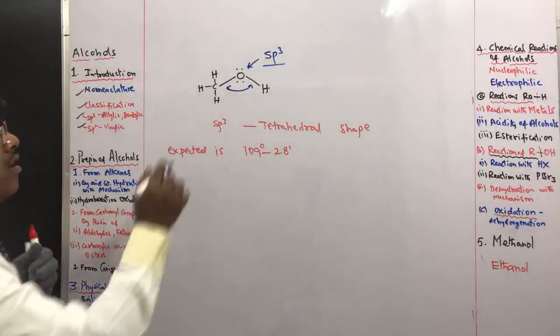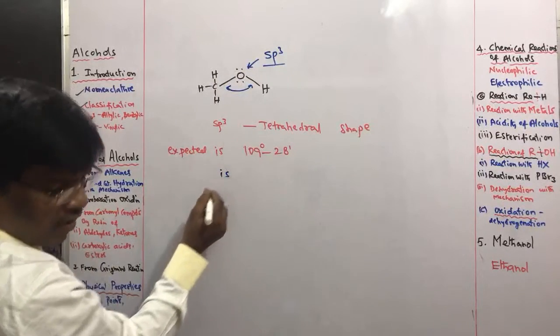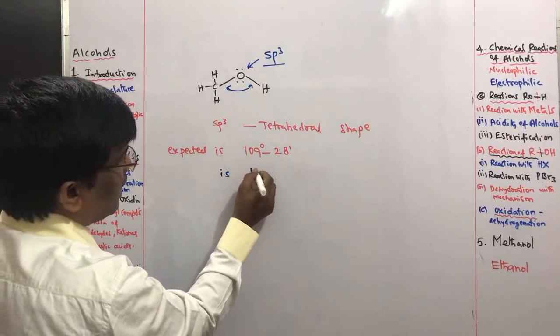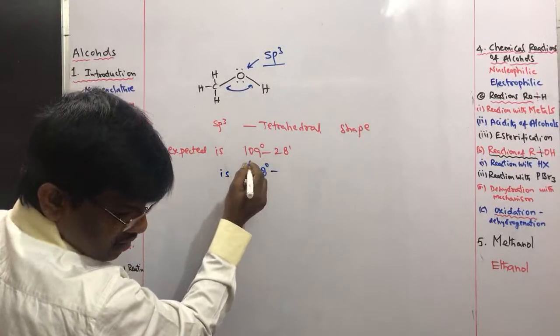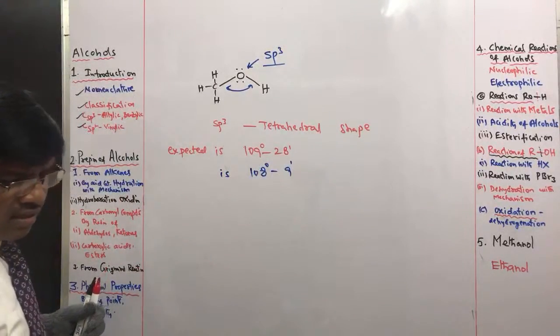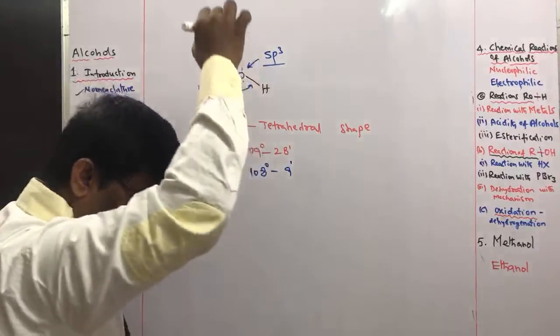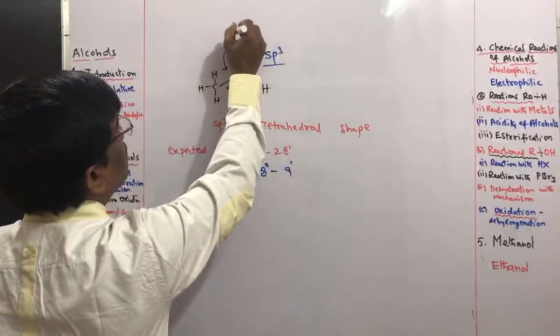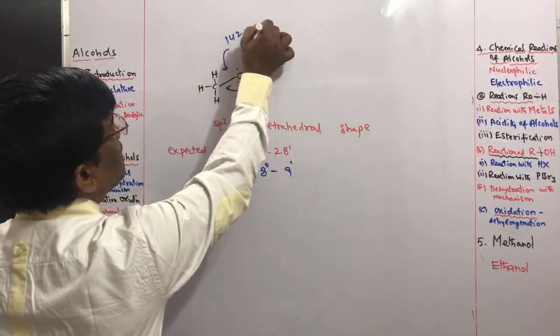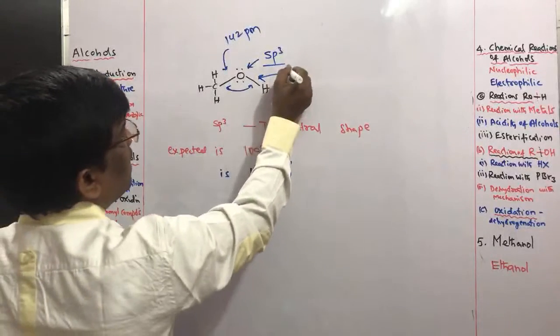It is 108 degrees 9 minutes. Yes, so the carbon-oxygen bond length is 142 picometers and the oxygen-hydrogen bond length is 96.